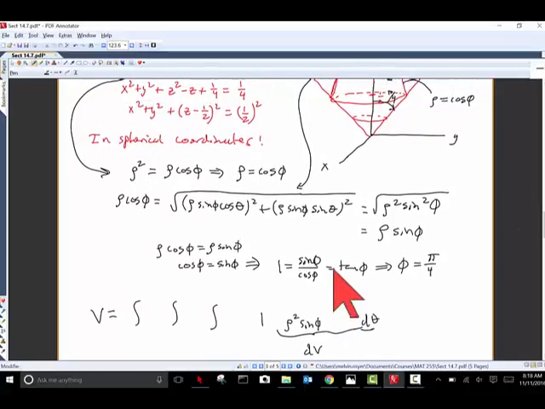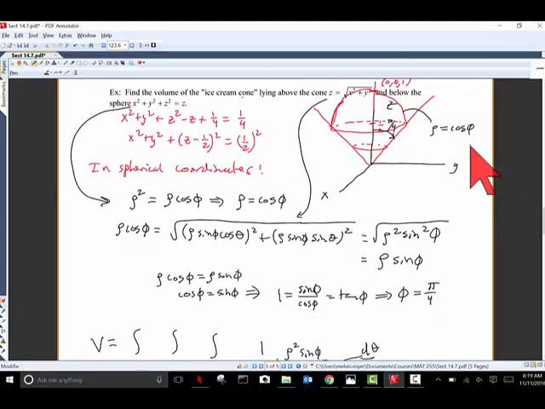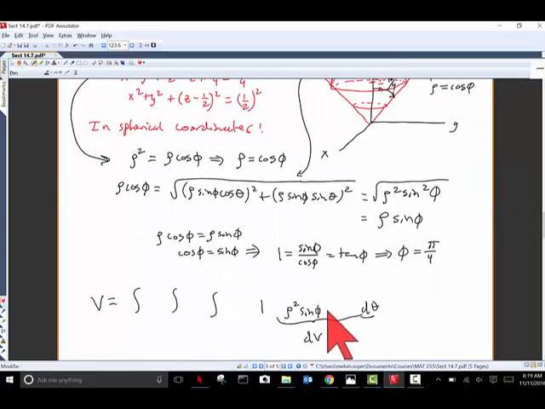And regarding the rho variable, if I think now about moving out from the origin, notice that I immediately enter the ice cream as I leave the origin, and I go until I hit this hemisphere for my upper limit of integration on the rho variable. So here's what the expression is, and therefore I want to use variable phi in the limits of integration for rho.